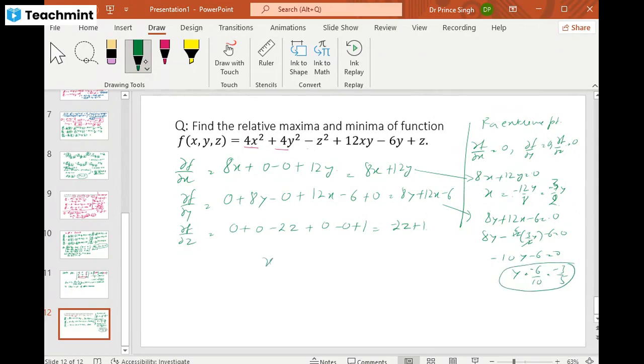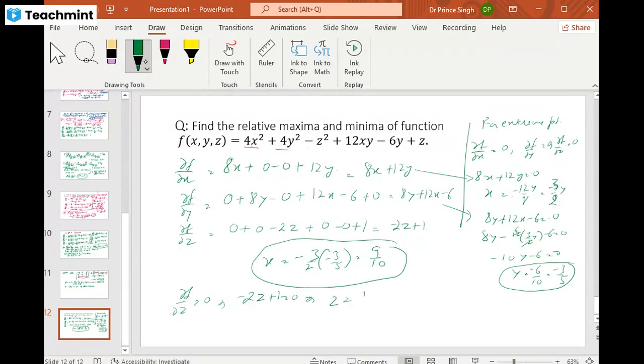So x is equal to minus 3 by 2 times minus 3 by 5. So its value is 9 by 10. And curly f upon curly z equal to 0 means minus 2z plus 1 equal to 0. So the value of z is 1 by 2. So the point is 9 by 10, minus 3 by 5 and 1 by 2.